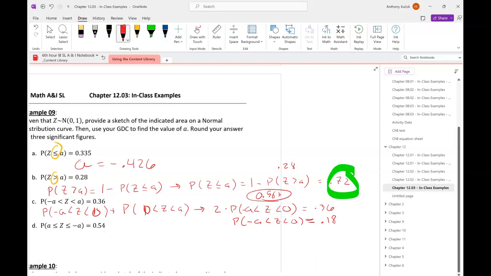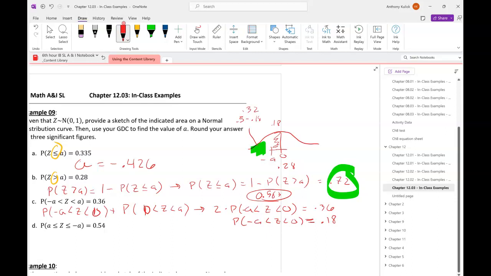Now, what we're saying here, if I draw my normal curve, let me draw a picture to justify this. There's 0, here's negative A, and I want this part of it. That part is 0.18. So what does this part have to be? 0.5 minus 0.18. Excellent.